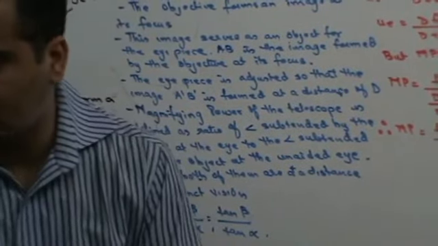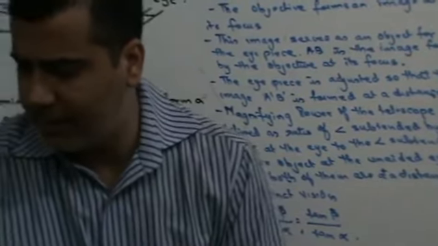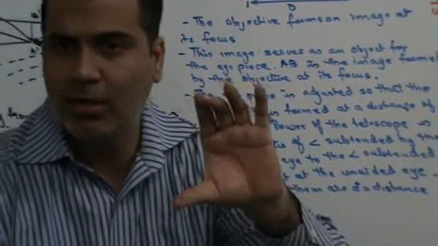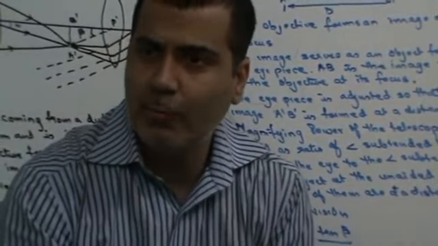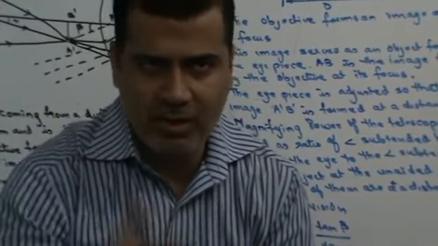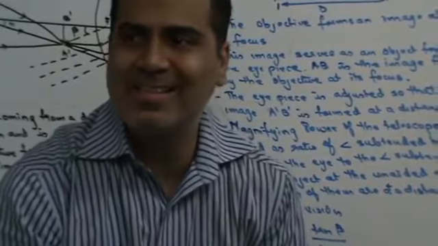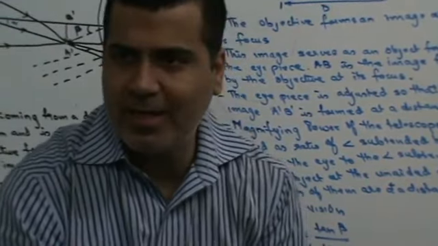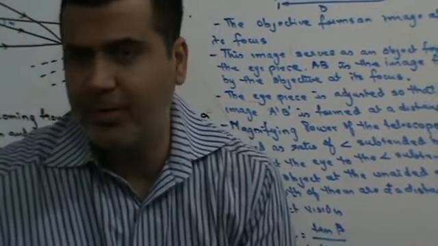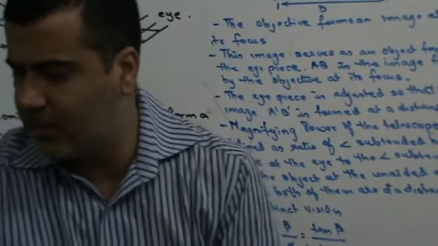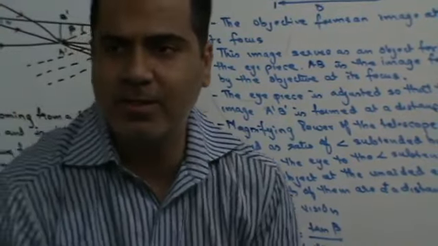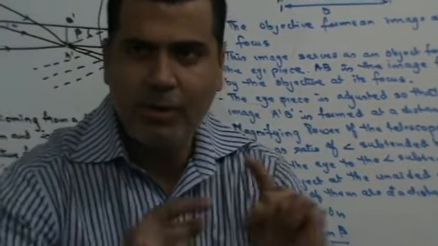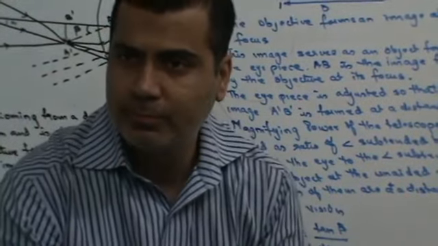Now, again, all the rays of light initially parallel to the principal axis, after passing through the lens, should converge and meet at a point. This is possible only if the lens surface is exactly spherical. If there is some irregularity in the lens surface, then the rays will not meet at the principal focus, but you will have multiple images formed.